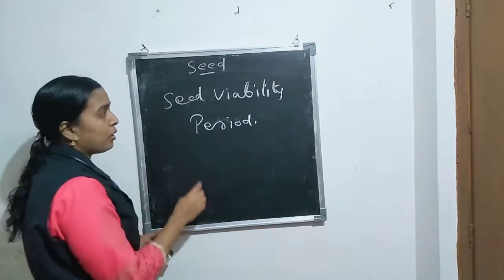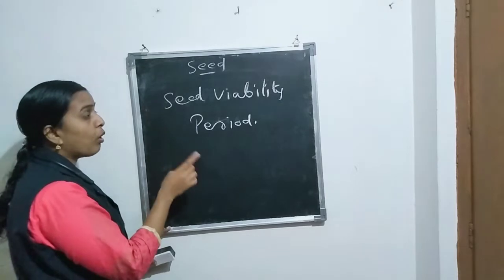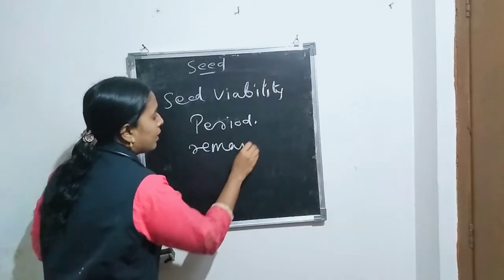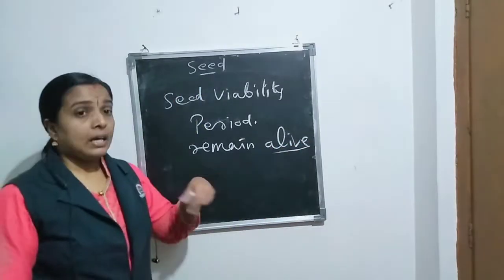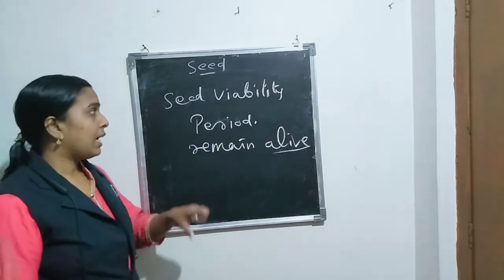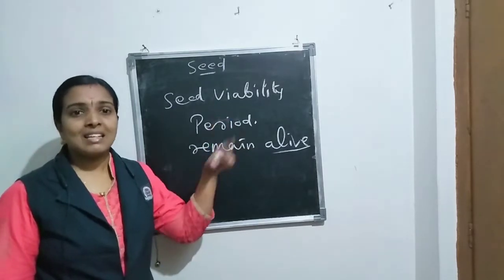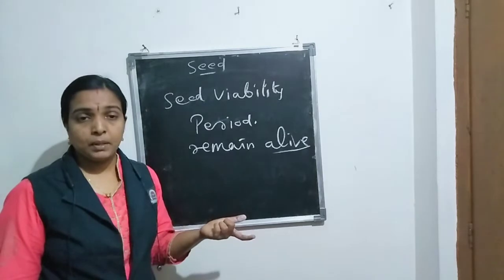That period is known as the viability period. How long the pollen grains remain alive is called pollen viability. Same here, seed viability means how long the seeds remain alive. That period is considered the viability period.